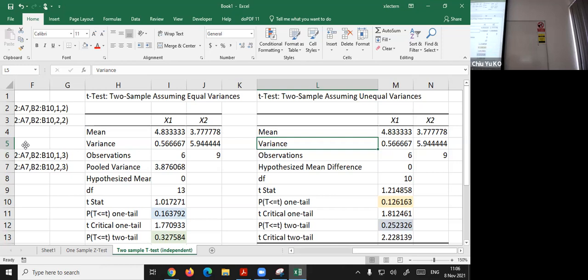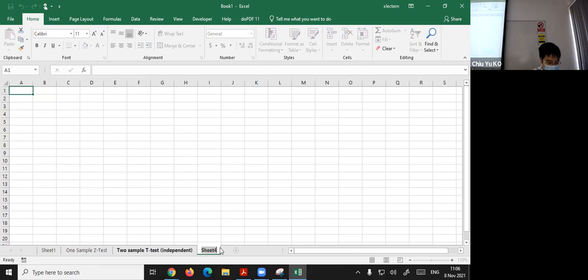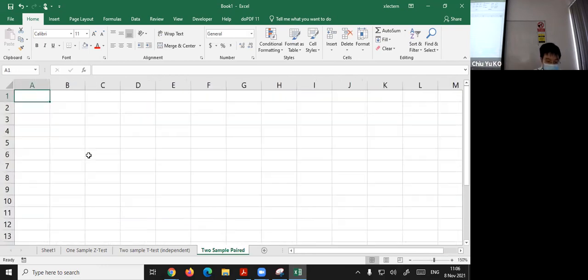Okay. So the next thing is what we call the paired. We do a two-sample paired t-test. And actually this is nothing new, right? Because it's just x1 and x2.